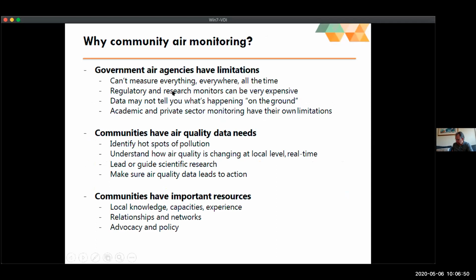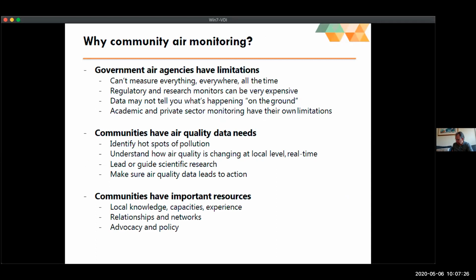And community air monitoring is really important because it can fill some important data gaps in terms of the information that regulatory agencies collect about air quality, which is more intended to paint a broad picture of generally what a region or an area is exposed to, but they may not collect all the information that is important to a local community or get a better sense of what people are being exposed to on the ground.